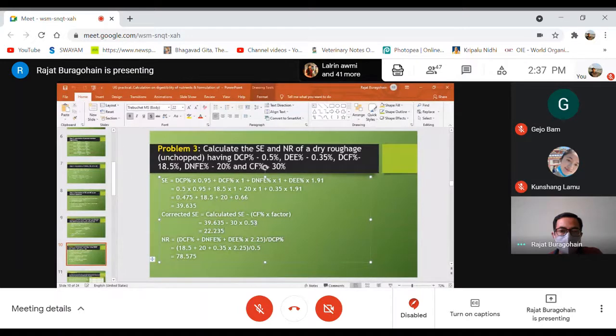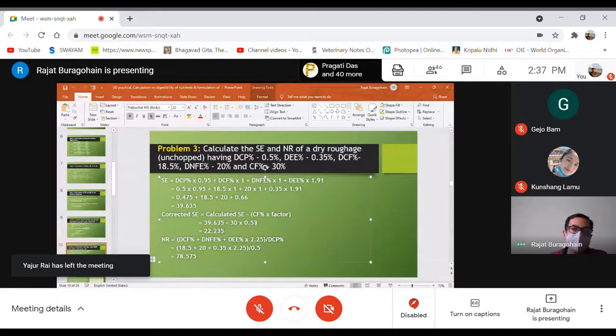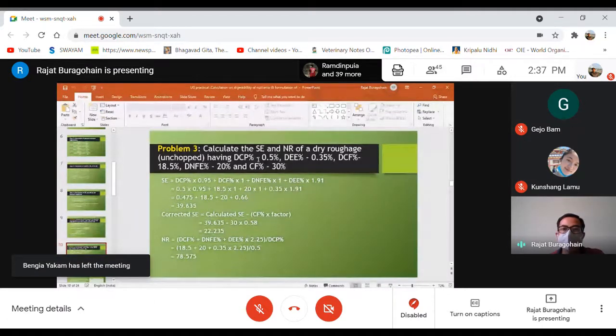Okay, so this is the third problem. Calculate the starch equivalent and nutritive ratio of a dry roughage, unsoft, having DCP this much, DCF this much, DNFE this much, and crude fiber percentage of that dry roughage is 30%.